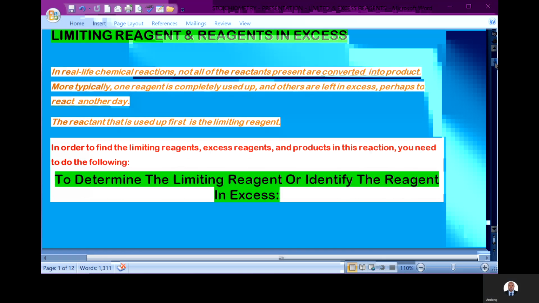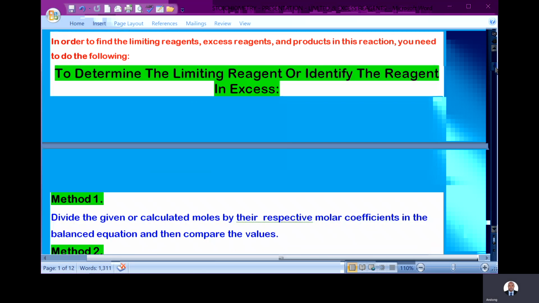You could be given a reaction and their masses, to determine which one is the limiting reagent and which one is in excess. There are two methods of calculating a limiting reagent.